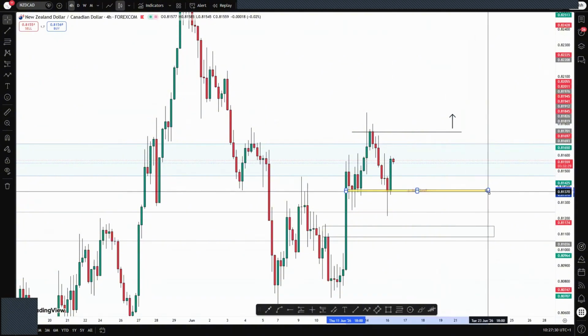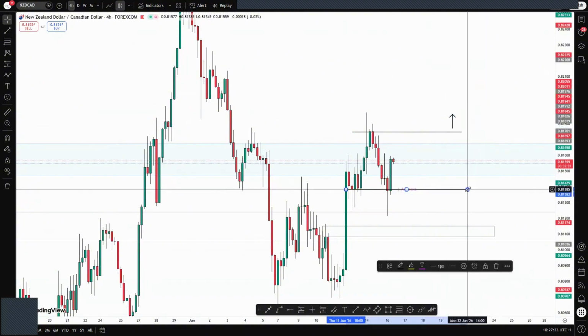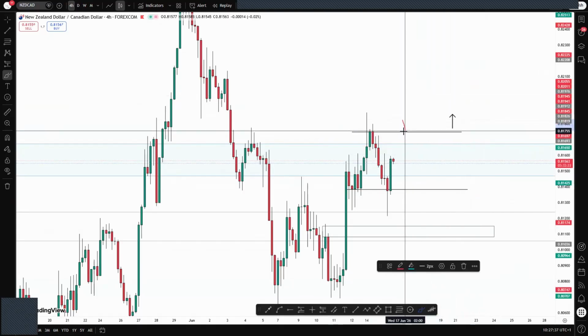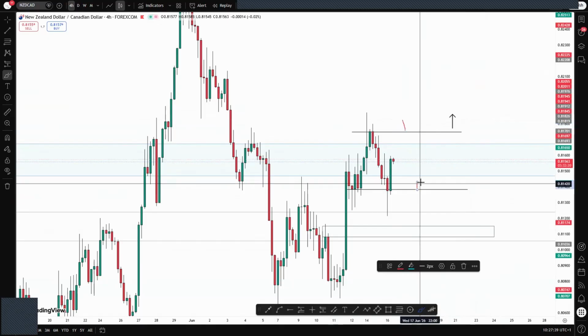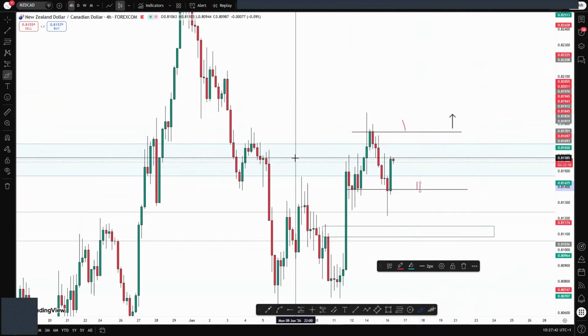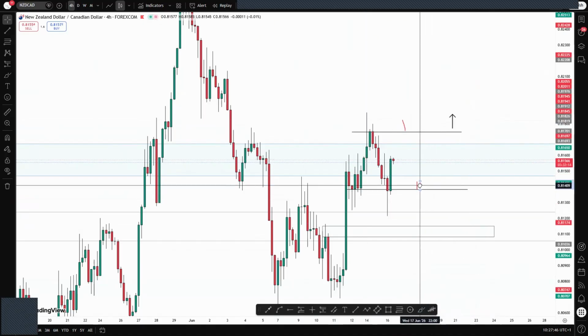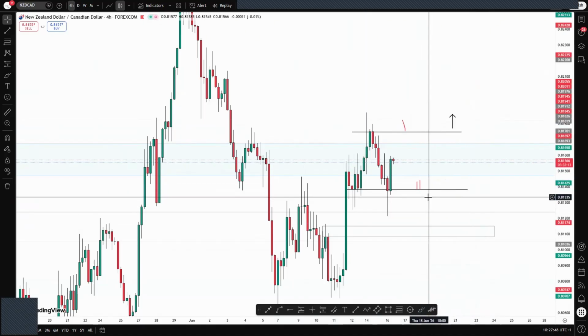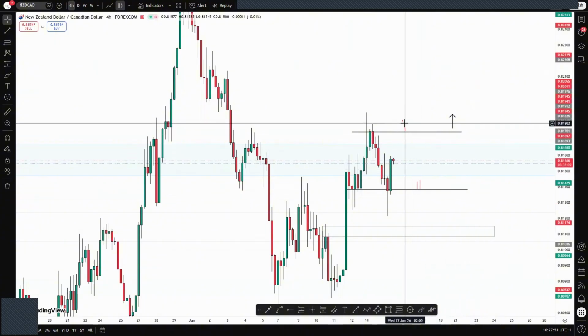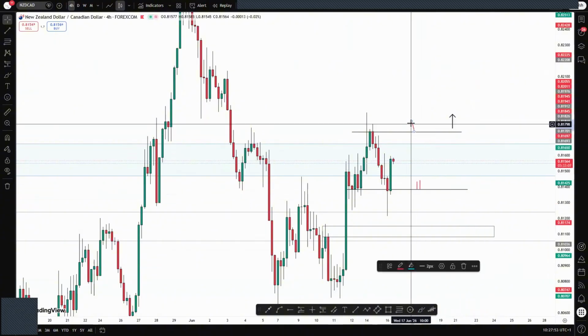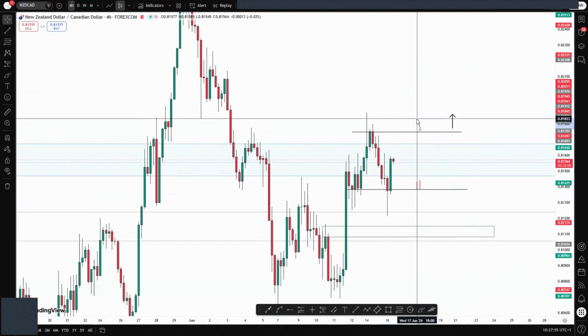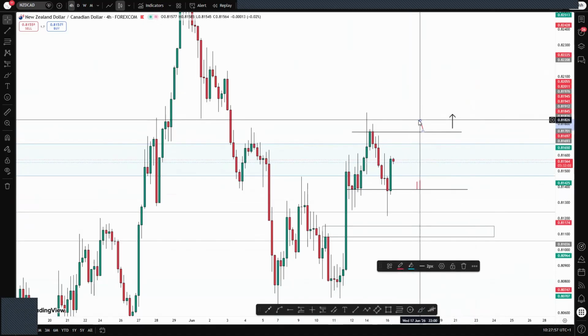We have option 1, and we have option 2. And price can do any of the 2 and still go our way. The only goal there is to find what's reasonable enough for us to risk some money in it.